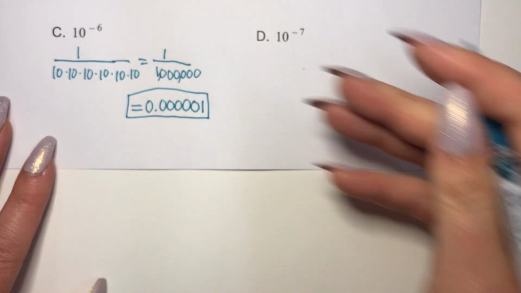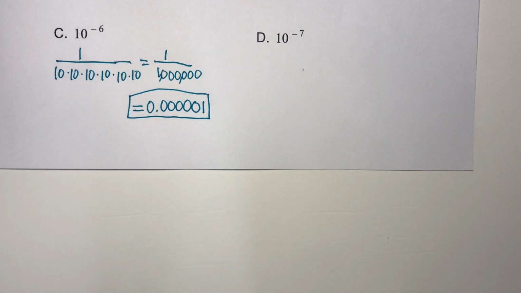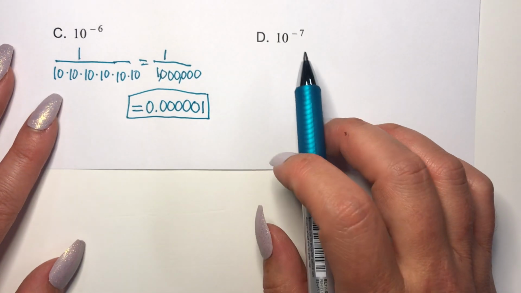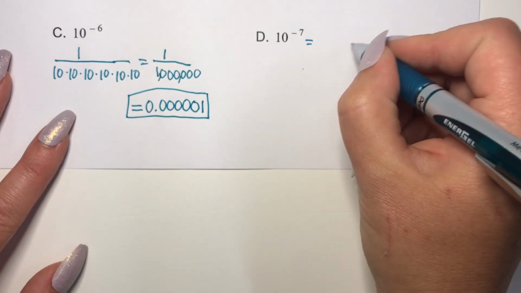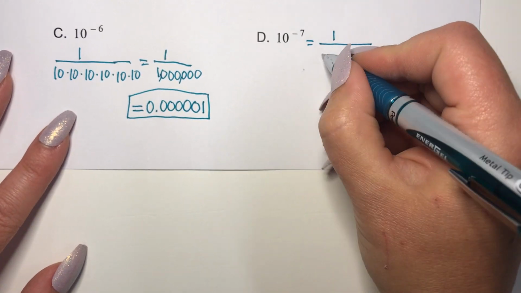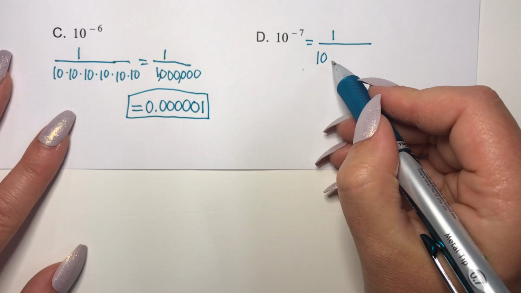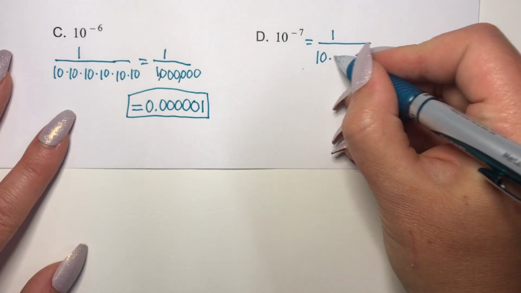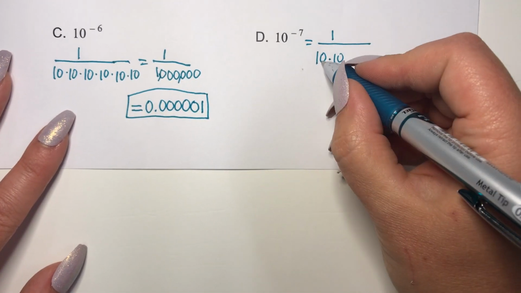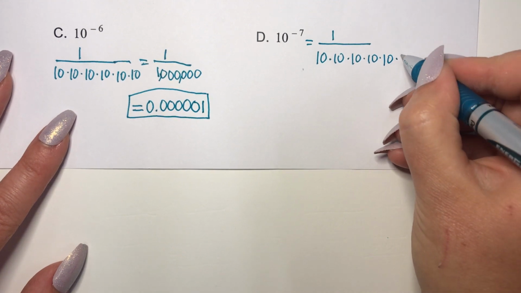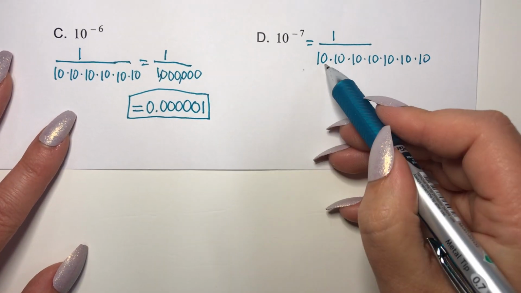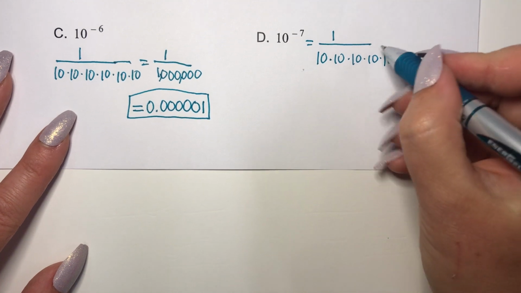So if you got that one right, great job. All right, let's go ahead and see how you did on D. So we have that negative exponent, right? So that would be the same thing as 1 over 10 multiplied by itself on the bottom 7 times. 1, 2, 3, 4, 5, 6, 7. Perfect.